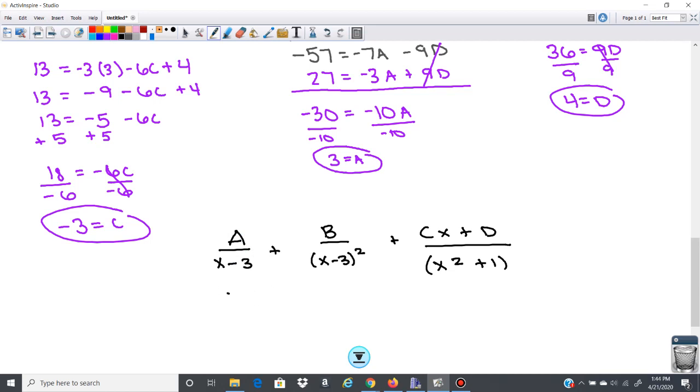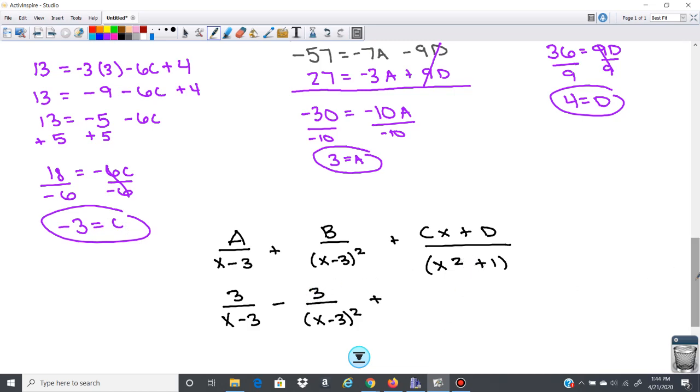So a is 3, so you go 3 over x minus 3 plus b, which is negative 3. So let's actually make this a minus 3 over x minus 3 squared plus cx. Oh, I put c there. This should be b.